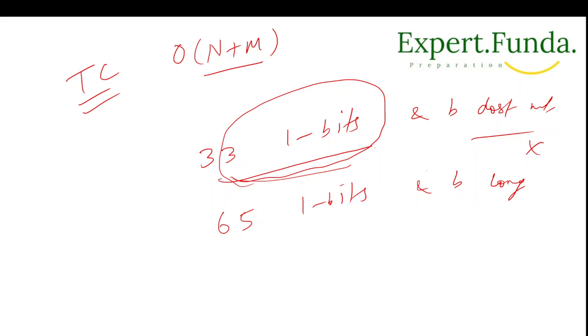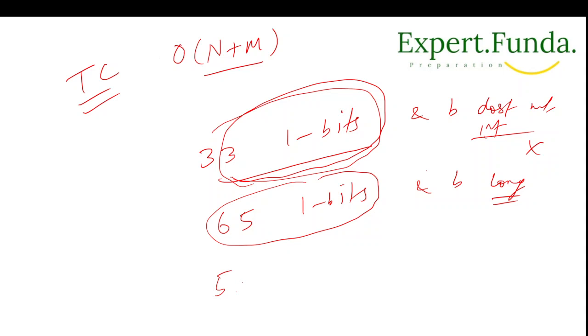So 33 bits is enough to overflow the integer, 65 bits is enough to overflow long. Similarly, there is big integer, where there is some large limit, and for that many 1 bits, b again will not fit for the big integer. So there is a limitation there.